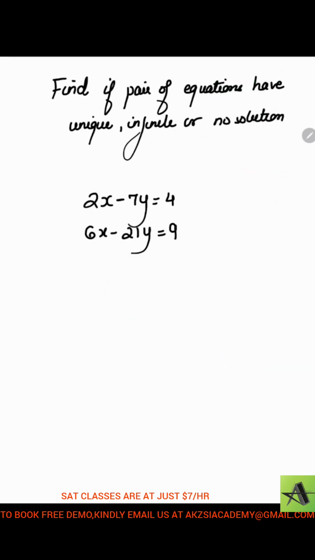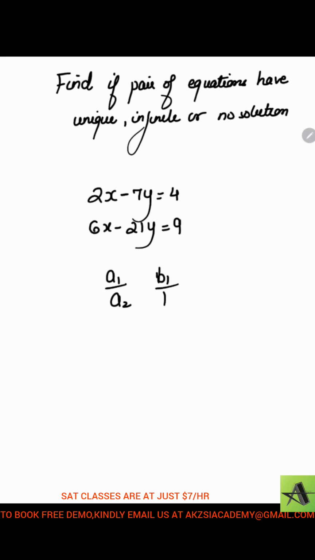So this question says, find if the pair of equations have a unique, infinite, or no solution. So simple, we have to write A1 over A2, B1 over B2, and C1 over C2, and let's see what value we will get.